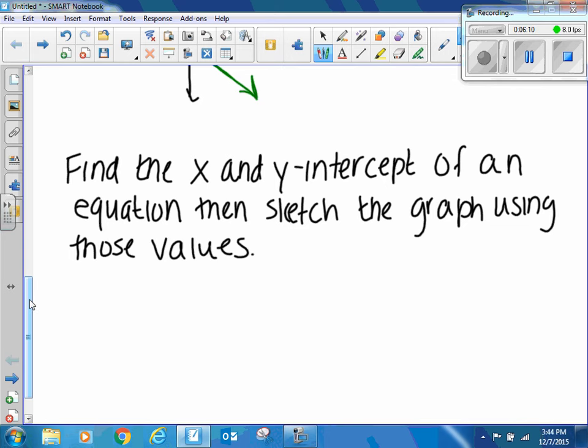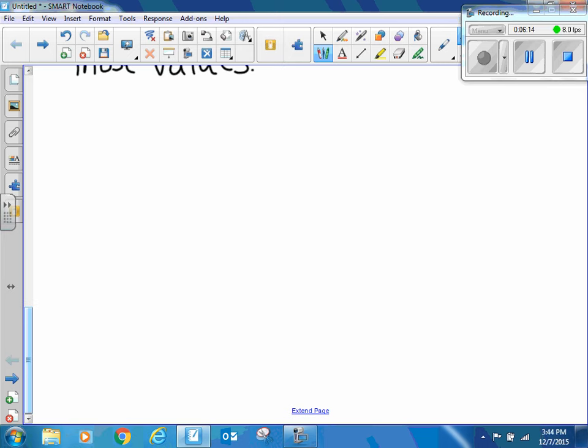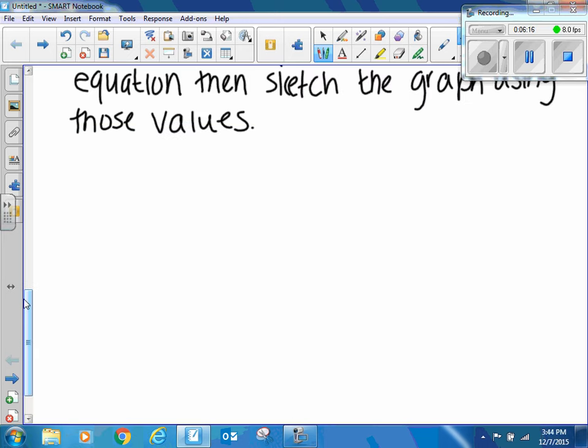Okay, so we're given an equation. For this example, this will be example 3, and we're given the equation 2x minus 4y equals 12. And we have to sketch that using the x and y intercept. Well, how are we going to find that?